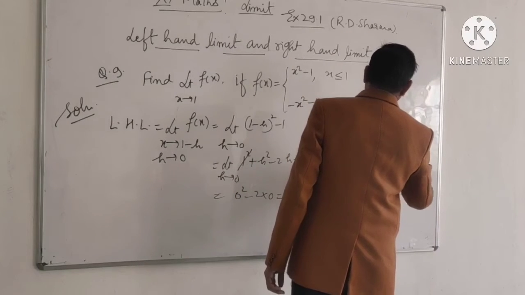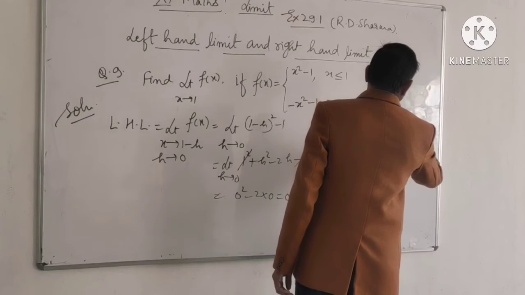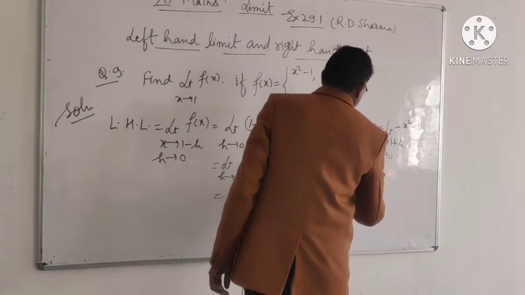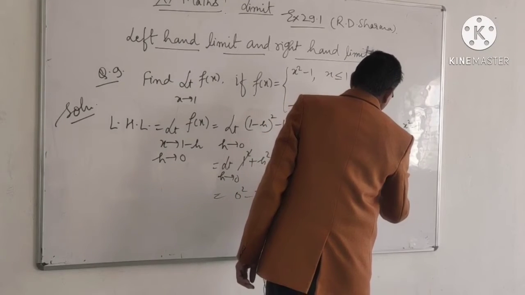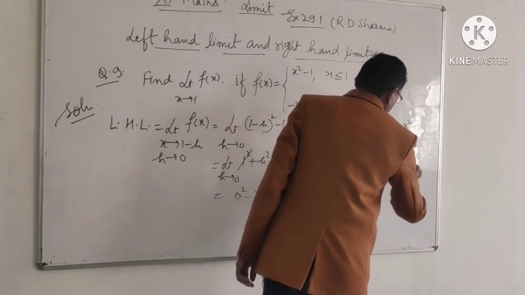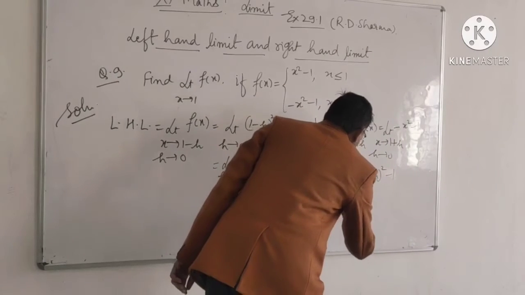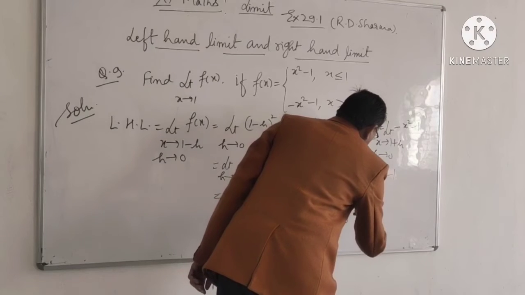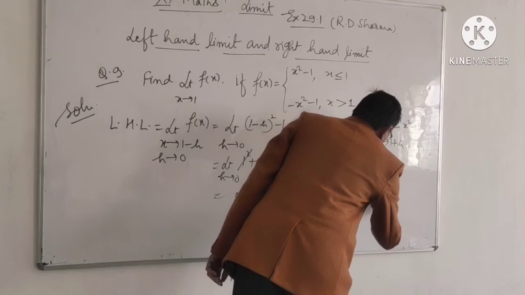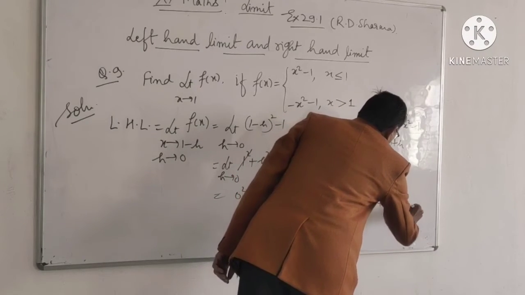Then limit h tends to 0 of minus (1 plus h) whole square minus 1. Now expanding the square, limit h tends to 0, it is minus 1 plus h square plus 2h minus 1.